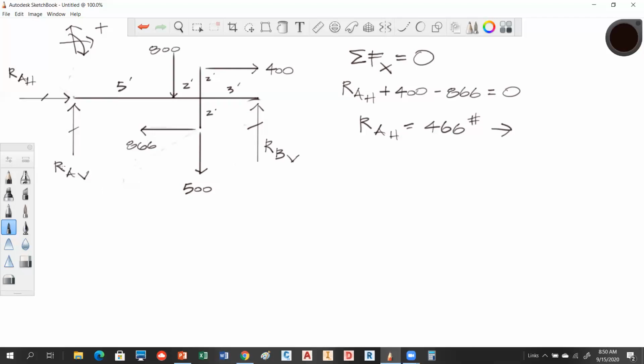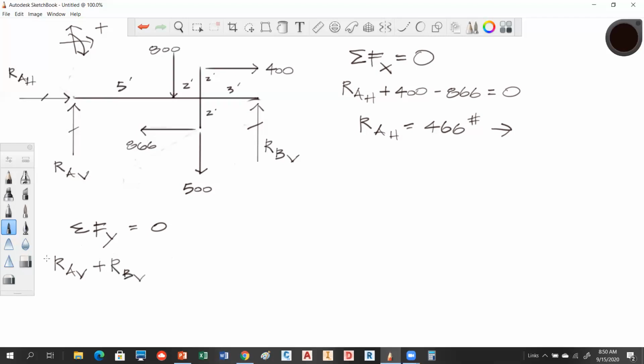Now we've got two vertical unknowns, and they're going to be a little trickier. So let's come down here. Summation of forces in the y has to equal 0. So in the y, we have RAV, and we indicated RBV up, so that's also a plus direction.